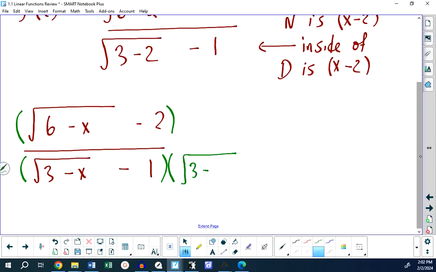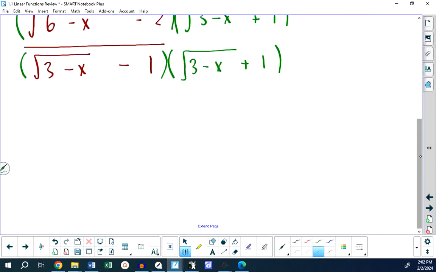And I can see why a person would argue that way, because it's division by 0 that's the problem, so you want to maybe change the denominator. So I'm going to multiply the top and the bottom of this expression by root of 3 minus x plus 1, which is the conjugate of the denominator.